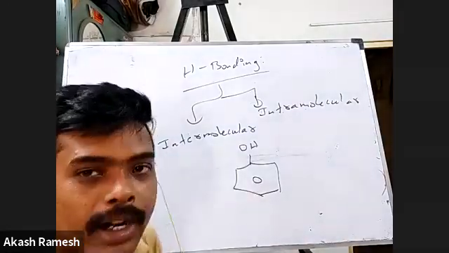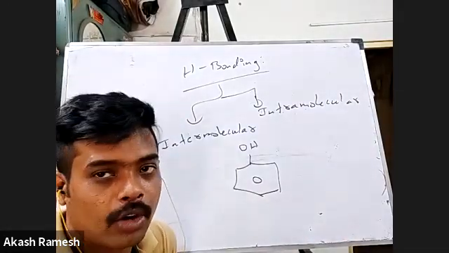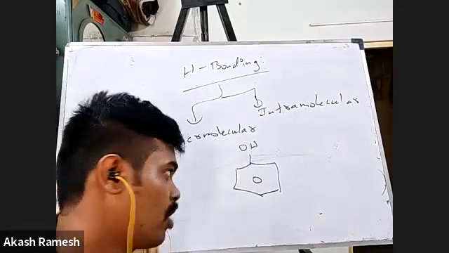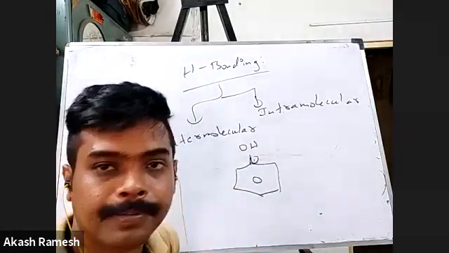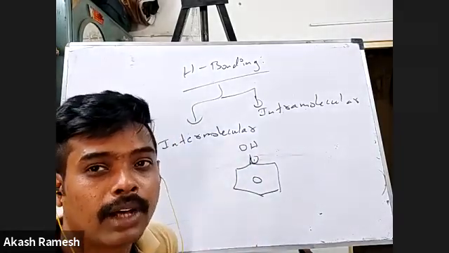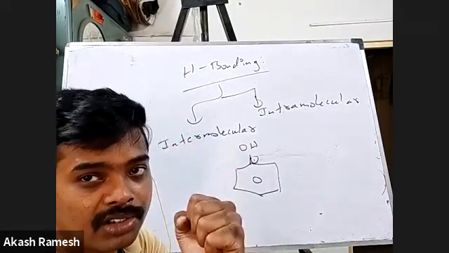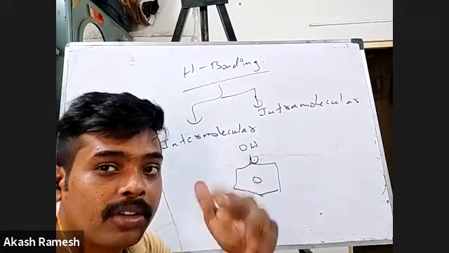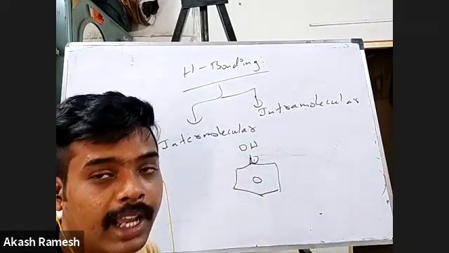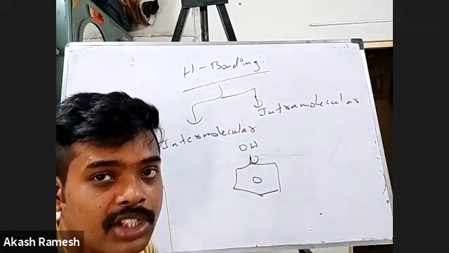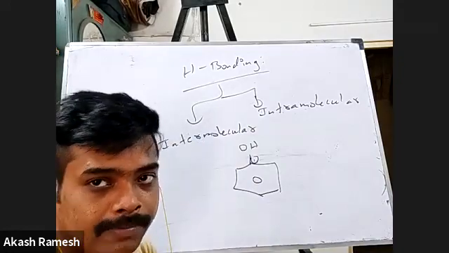So the OH group is already present at position 1. Now I can have 3 kinds of positions in which I can put the second group.